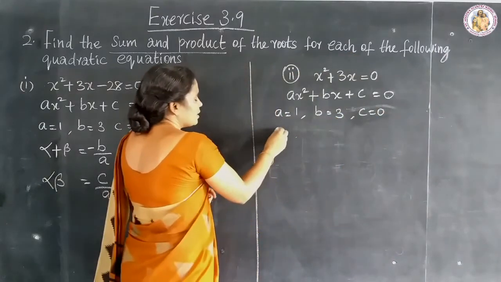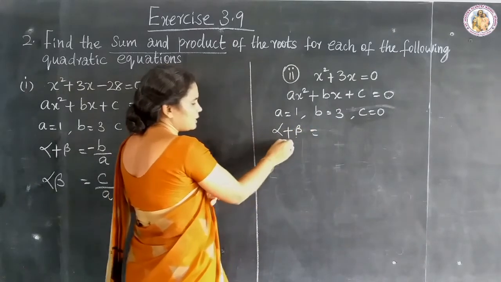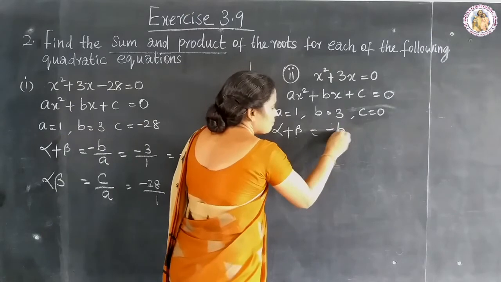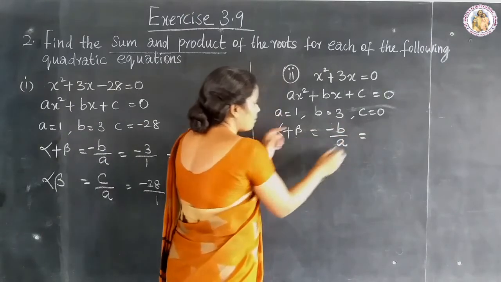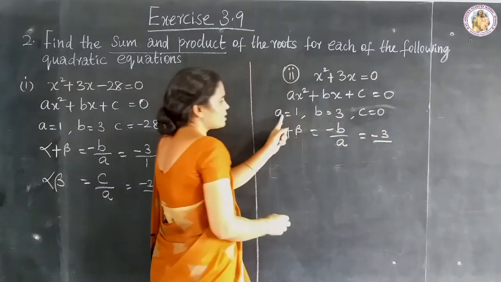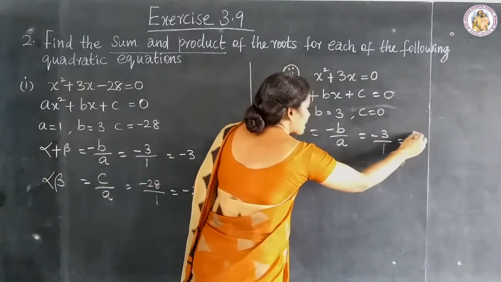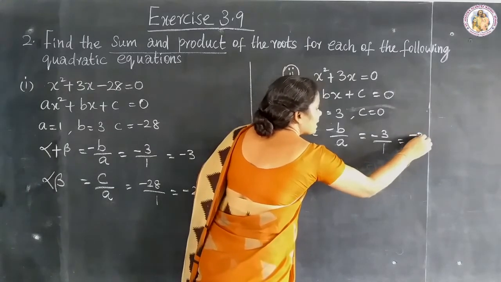Okay, now sum of the roots is equal to alpha plus beta, which is minus b by a. Minus b is minus 3, a is equal to 1. So therefore the sum of the roots is equal to minus 3.